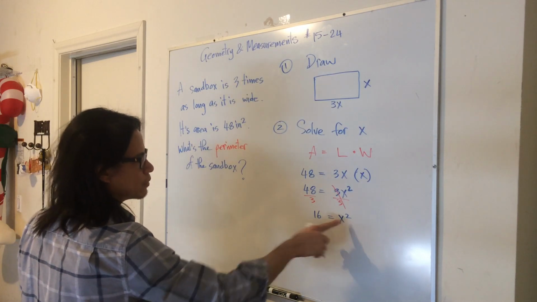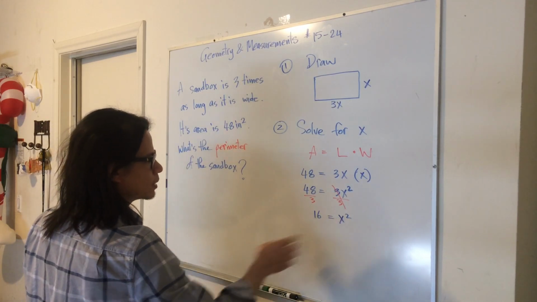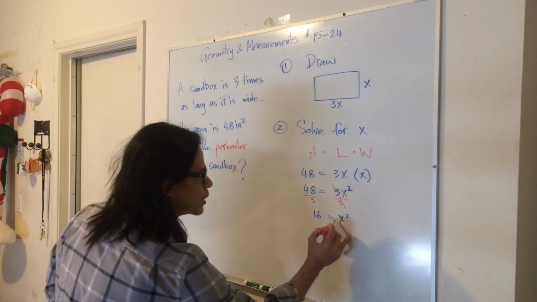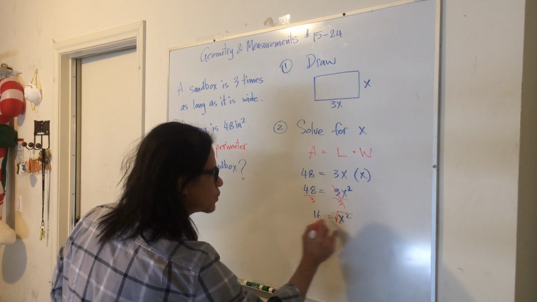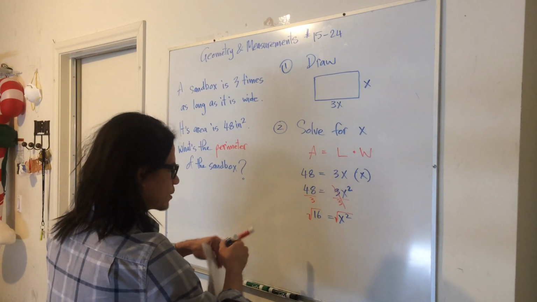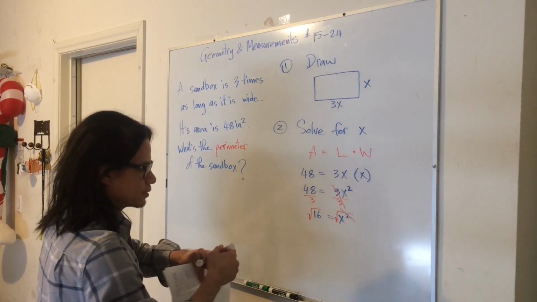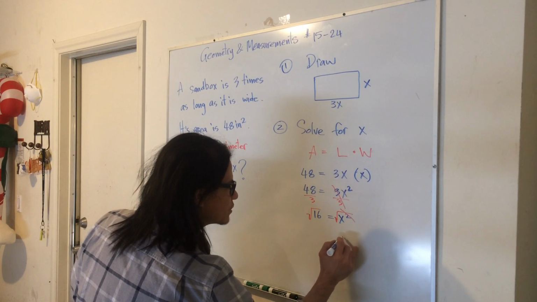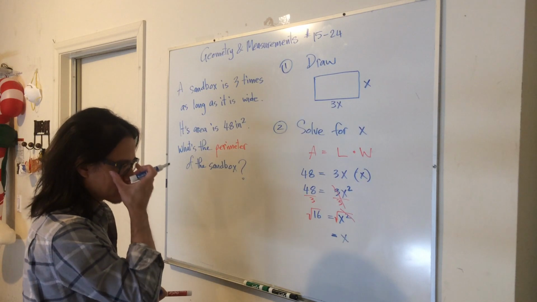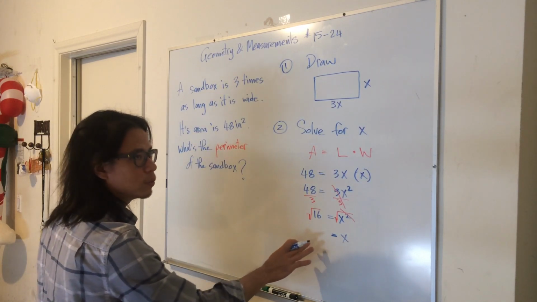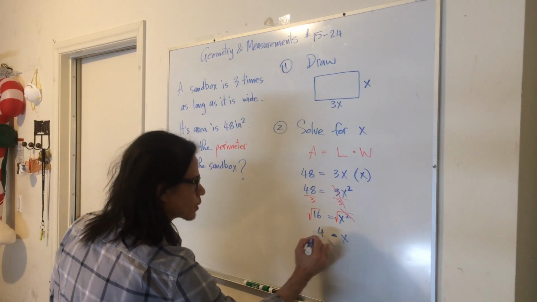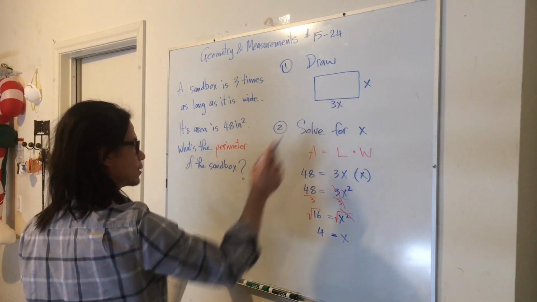Now we want to get rid of the little 2 on top, so we do the opposite of squared, which is square root. If you square root both sides, the squared cancels out with the square root, so x is equal to the square root of 16. You want to ask yourself, what number times itself will give you 16? 4. So x is 4.